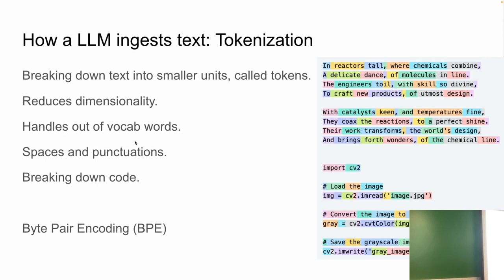Here is the tokenizer of GPT-4 applied to the poem I told you. You can see that these different words are different tokens. So "in" is one token, "reactors" is one token, and the space is also part of the token. The space, the punctuation mark, the emojis, all these things are combined when you are tokenizing these inputs.